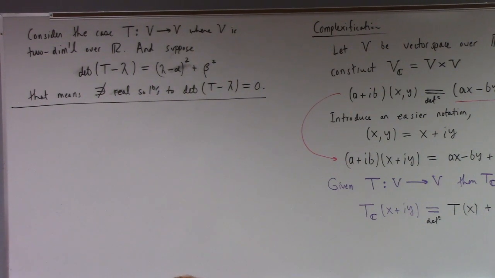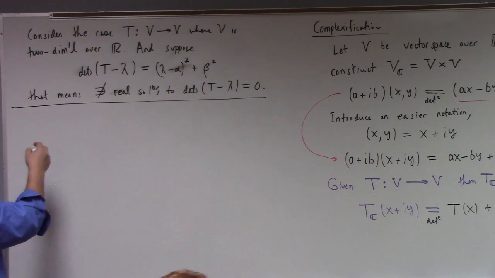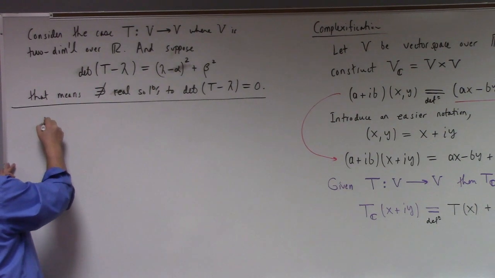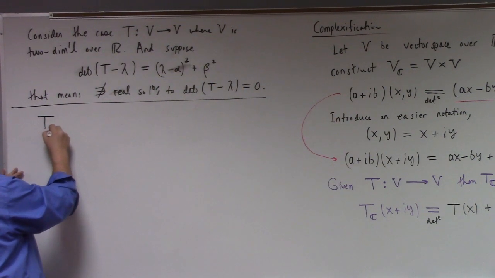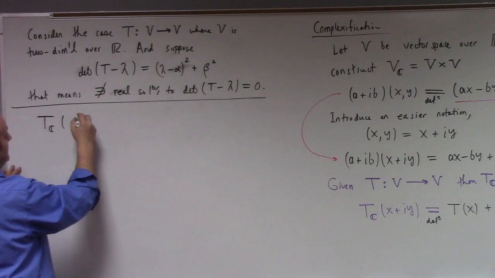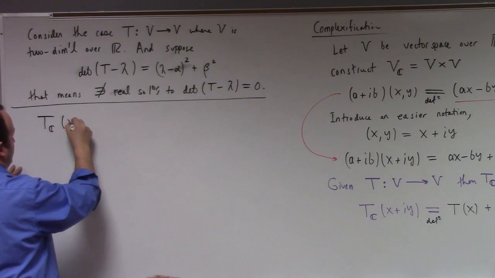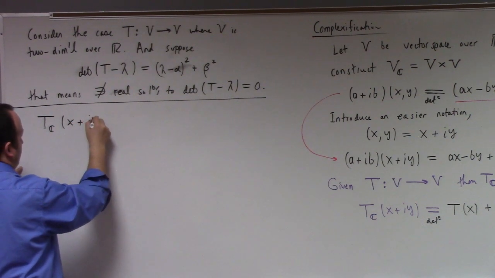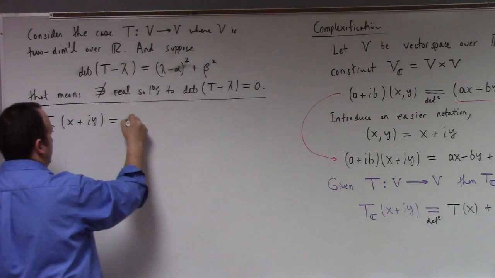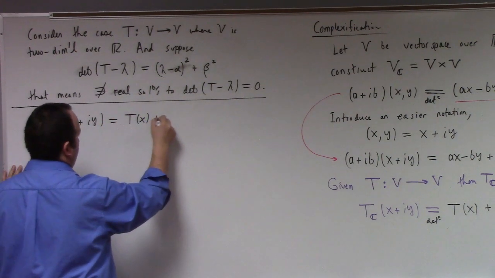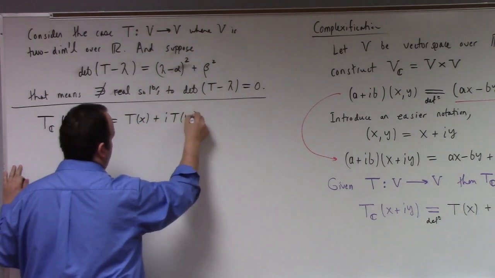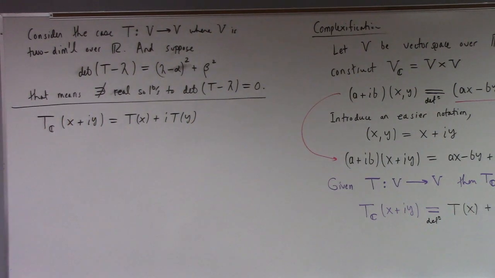Let's see here. So what would the complexification of V in this case be? T sub c of x plus iy is equal to what? T of x plus i T of y, right?